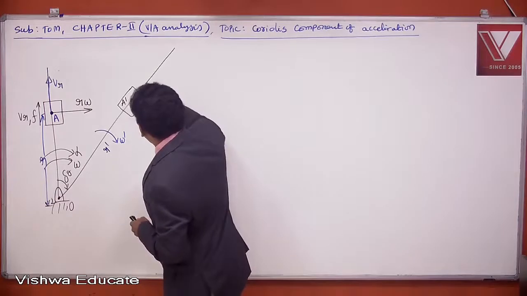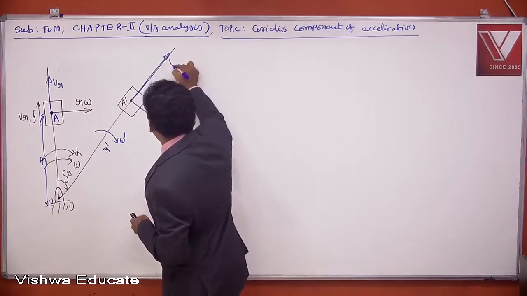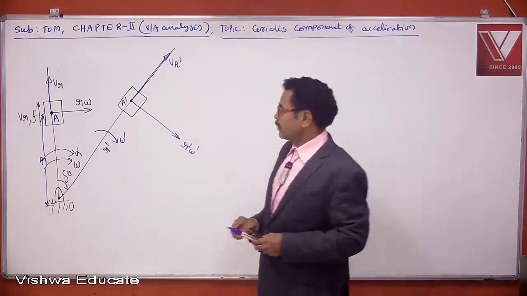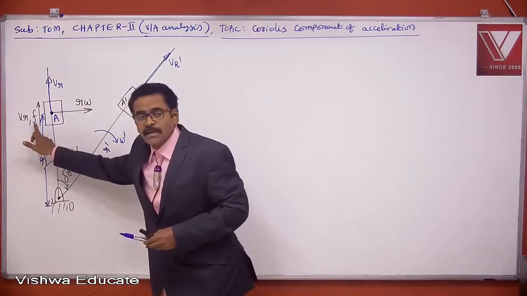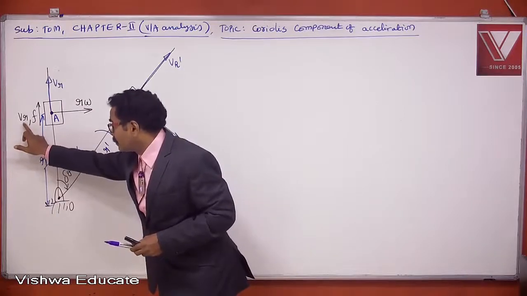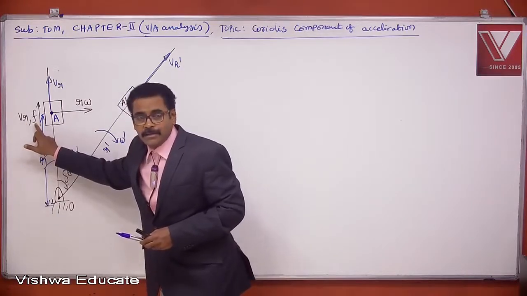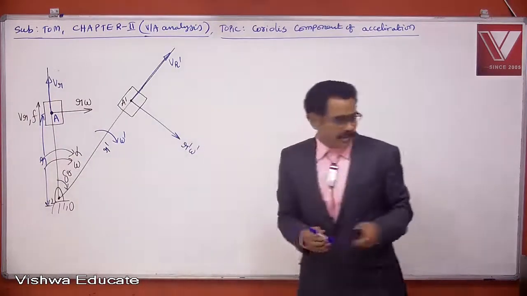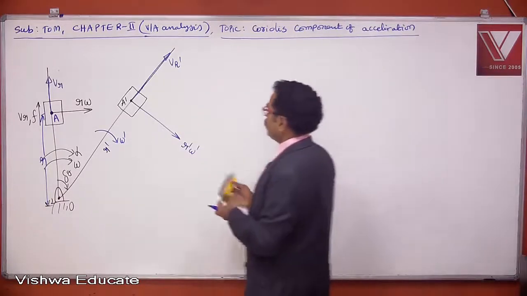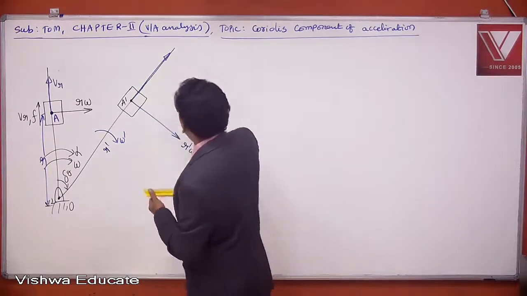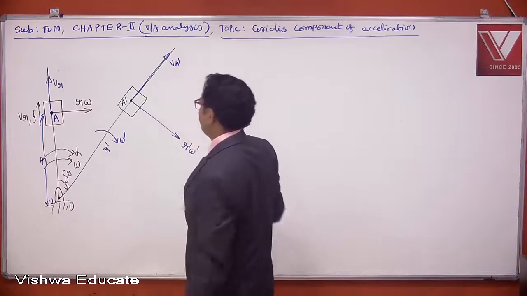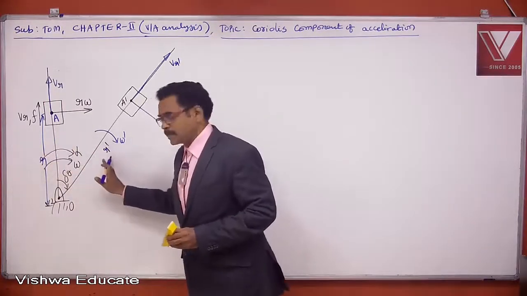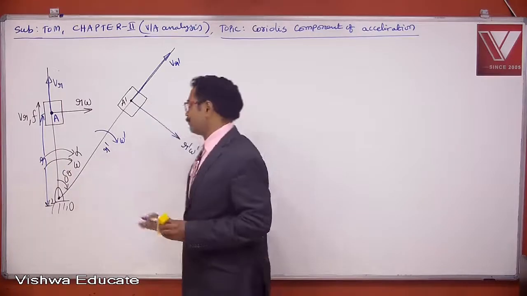Then the radial velocity is also changing, because the slider is moving away with radial acceleration. It is accelerating, which means the velocity will change. So I refer to this as Vr dash. This is the initial orientation and this is the final orientation.